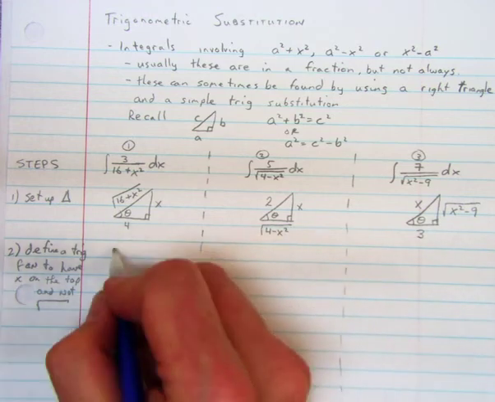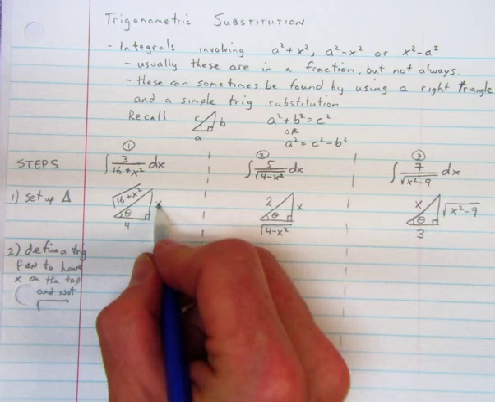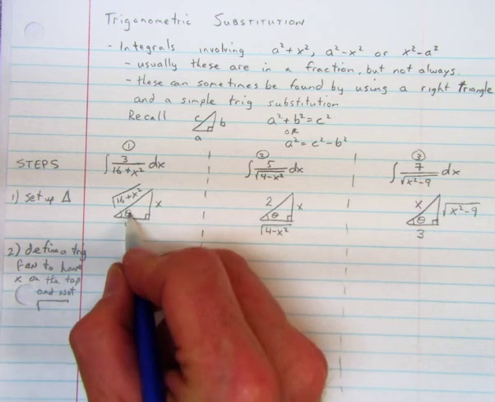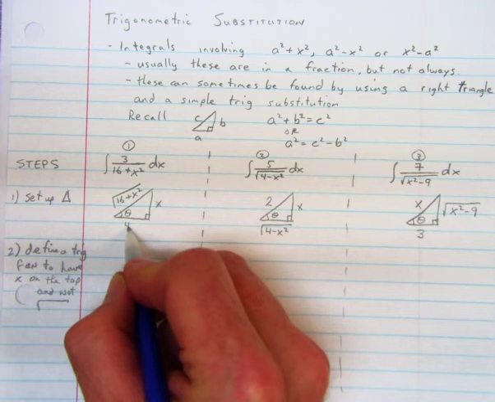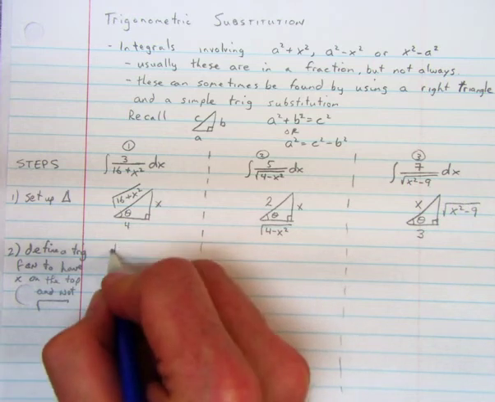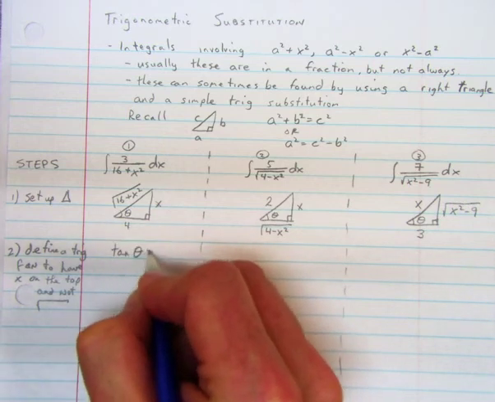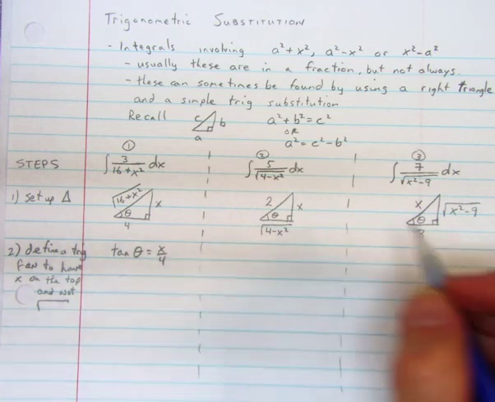So what would that be here? We want x on the top and we don't want the square root, so we're going to be dealing with theta, and we have the opposite side and the adjacent side. So that would be tangent theta equals x over 4.